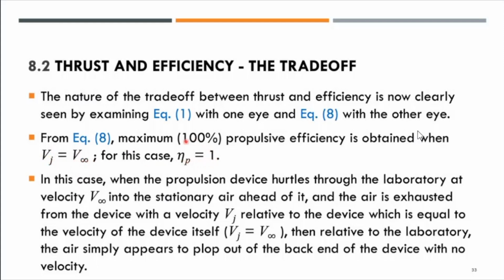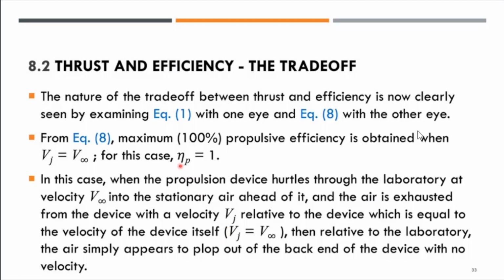In this case, zeta P will be 1. In this particular case, the propulsion device hurtles through the laboratory at the velocity V infinity into the stationary air ahead of it, and the air is exhausted from the device with a velocity Vj relative to the device, which is equal to the velocity of the device itself.